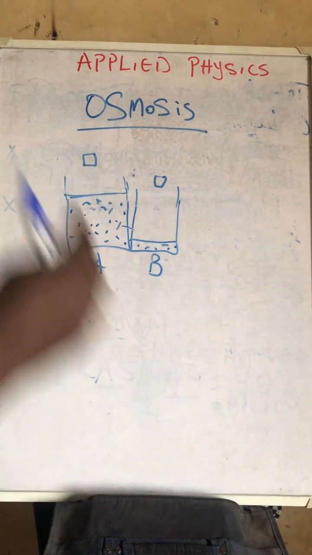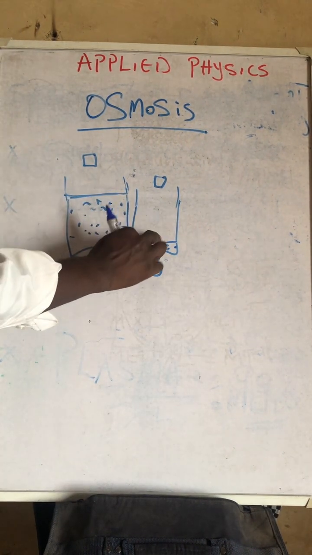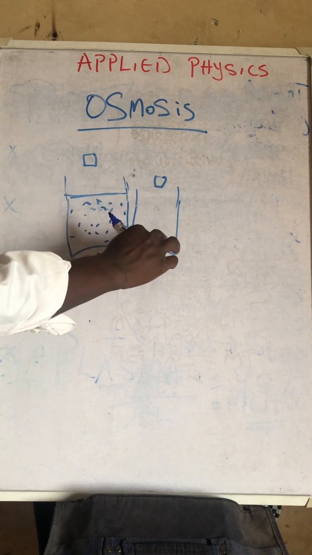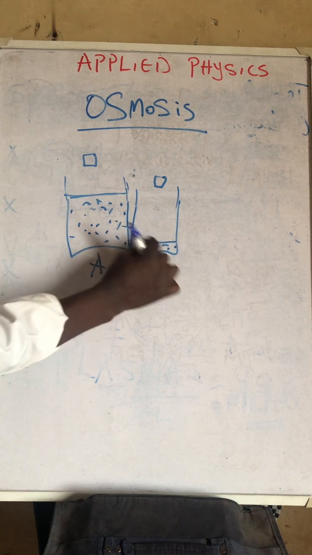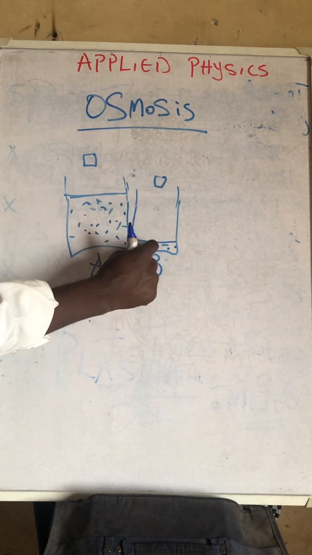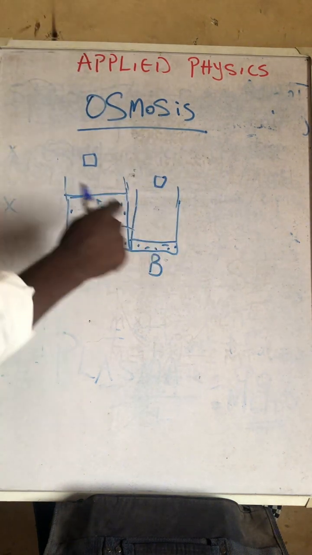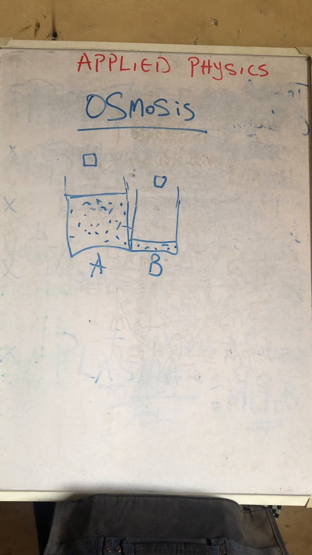You will discover that the concentration of the sugar here will be lower than here. If you taste it, the concentration of the sugar here that contains lower water volume will be more. If you taste this water, it will be more sugary than this other one that contains more water. So that is what it means.